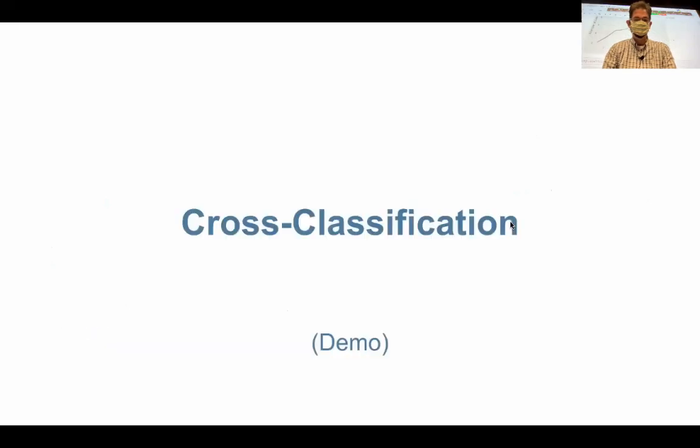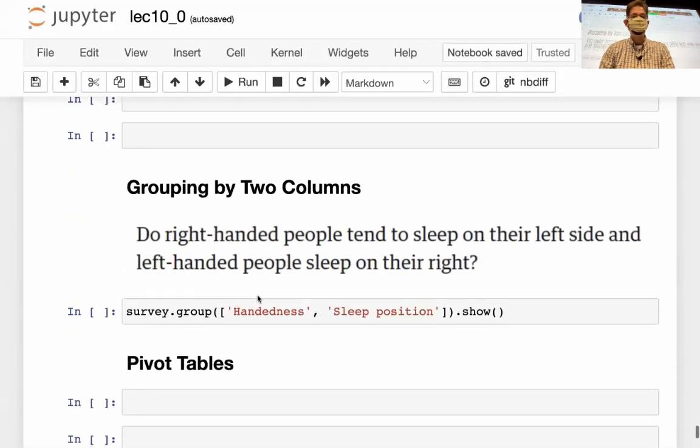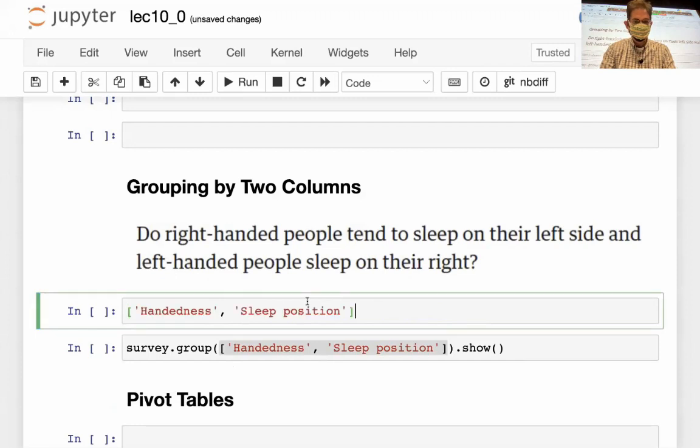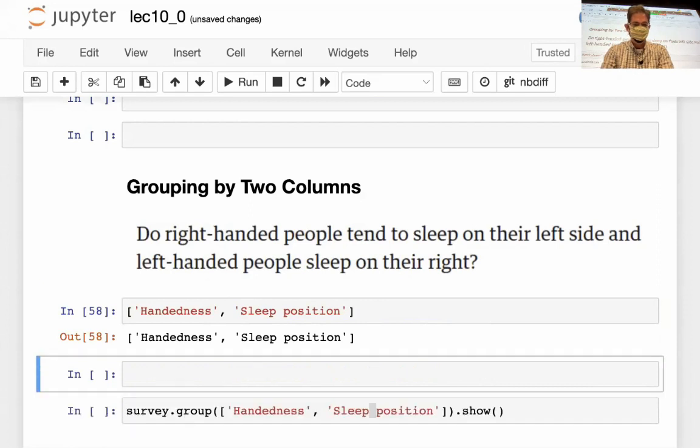Why are lists useful? Well, they can make rows. They can also do one more thing, which is that they can allow you to group by 2 columns. So here's a list. This says group by both handedness and sleep position. That's first background. What happens if you group by just handedness?